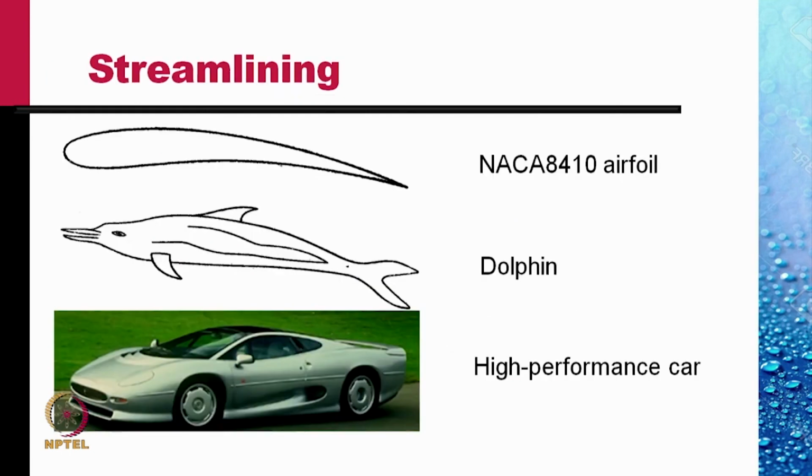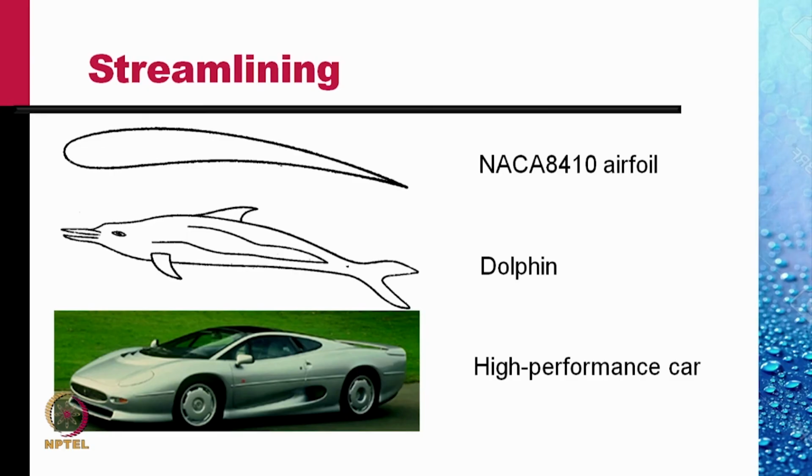On the top is a NACA 8410 aerofoil used in many early aircraft. Nature evolved itself in such a manner that dolphins have a shape which is quite like that of a NACA 8410 aerofoil.